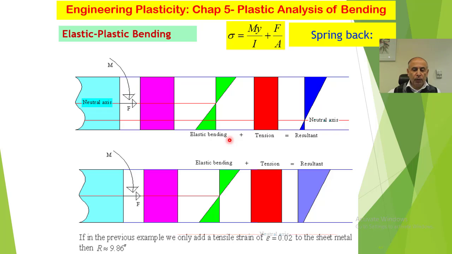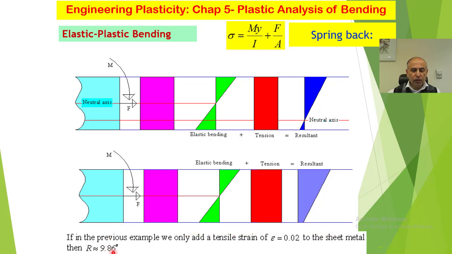That's why when we use the almost 10-inch radius punch, we will get a 10-inch final radius of the sheet metal. Okay, obviously applying 0.02 strain means that we have applied a tensile force here to get that much strain. So you can see there is a lot of difference when we apply this F over A to this bending stress.